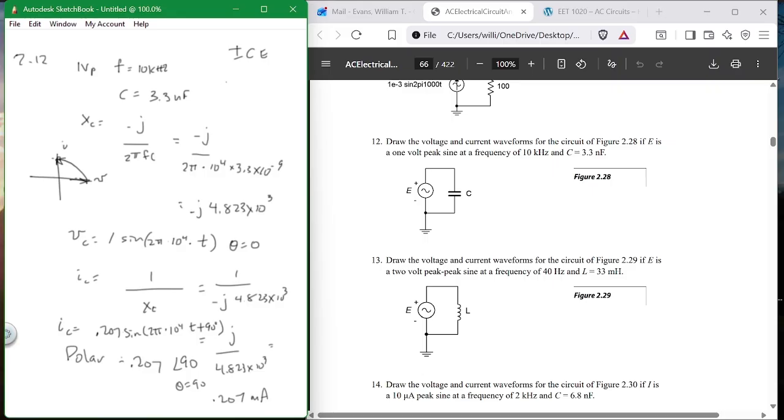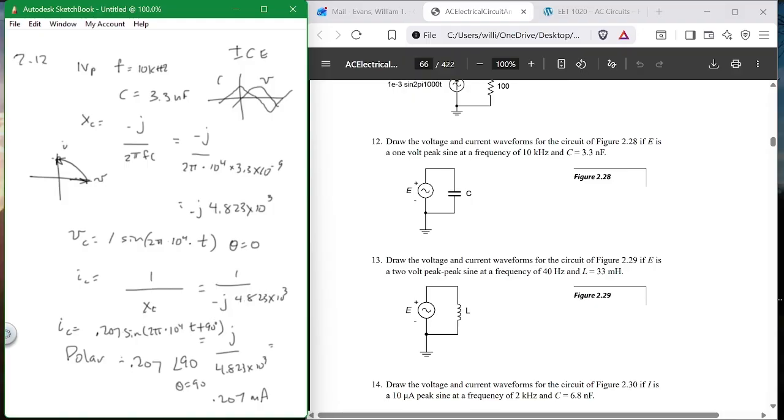If you look at it on an oscilloscope, what do you see? You see the sine wave for voltage, and you see sine of something plus 90 degrees. When you move ahead 90 degrees, here's my sine wave, but I move ahead 90 degrees. What is that?